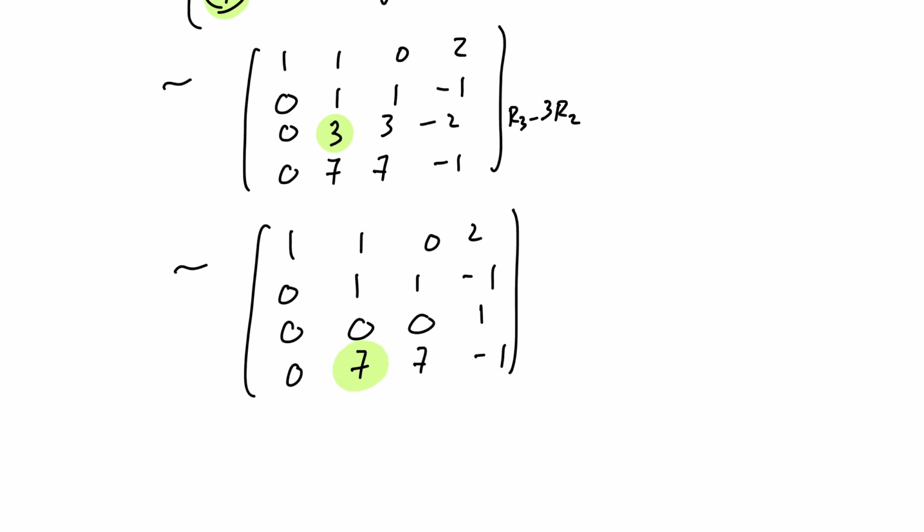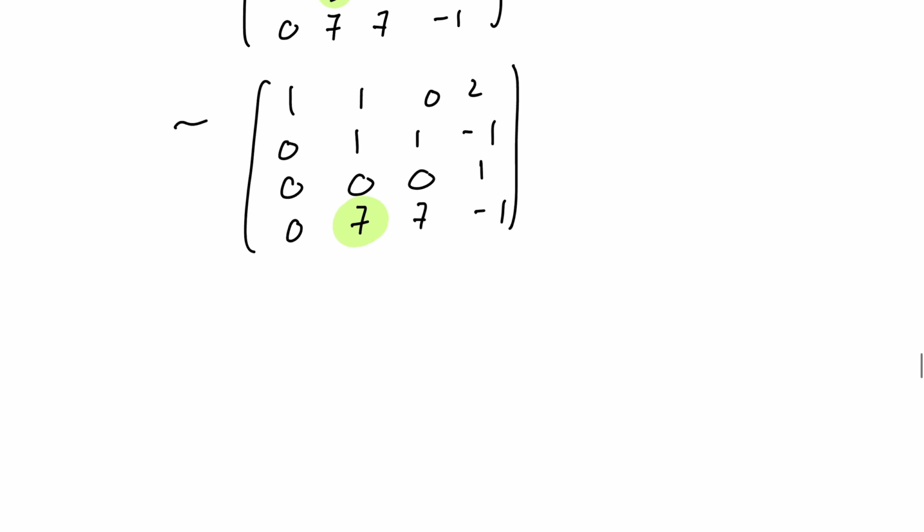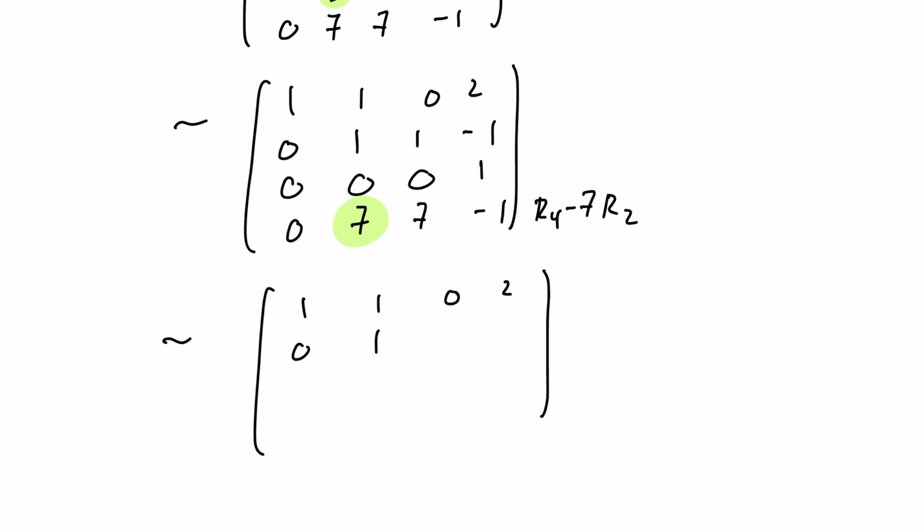I now want to make this entry a 0, so I'm going to take row 4 and subtract 7 times row 2. The top row is unchanged, the second row is unchanged, the third row is unchanged, and this is going to be 0, 0, 0, and negative 1 plus 7 is 6.